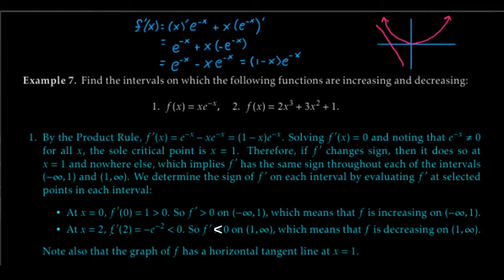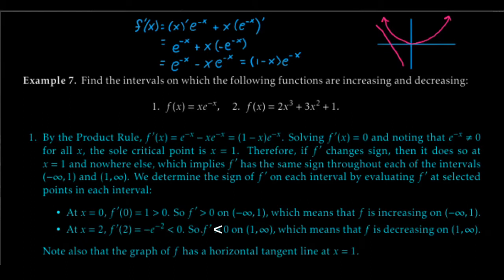Okay. f prime of 2? Well, we just plug it in. 1 minus 2, that's -1. e to the minus 2, well, that's just 1 over e squared. So it's -1 times 1 over e squared. Okay, that is minus e to the minus 2 if you want to think of it that way. And that's definitely less than 0.